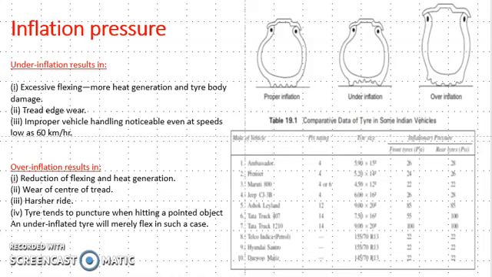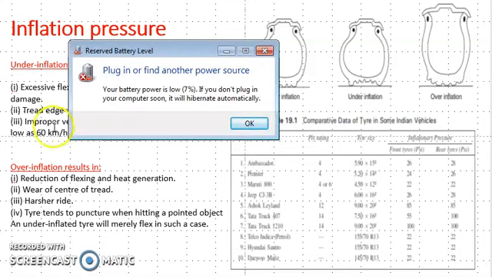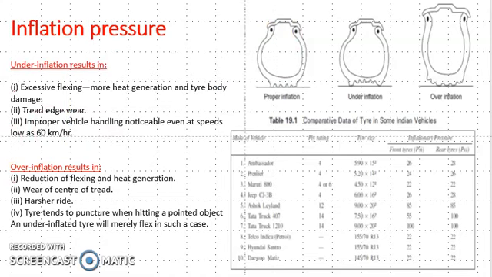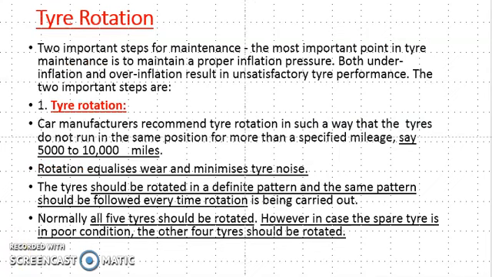But there are recommendations from the manufacturer's side, which we have already seen. Now we will see the tire rotation. Basically, there are two important steps for maintenance of tire.